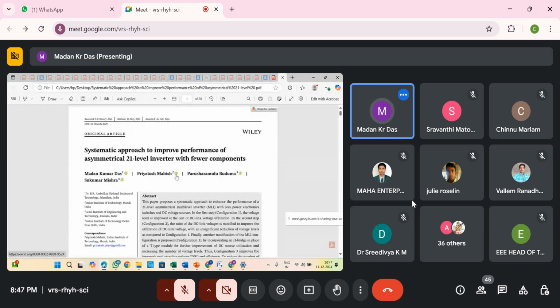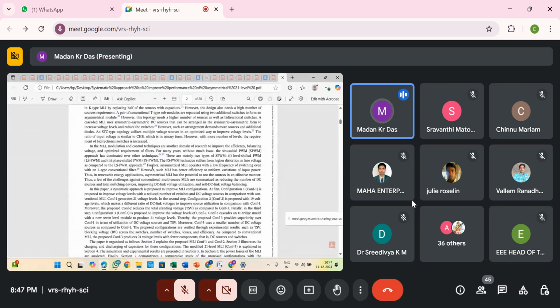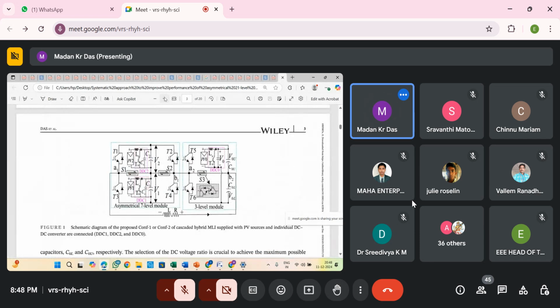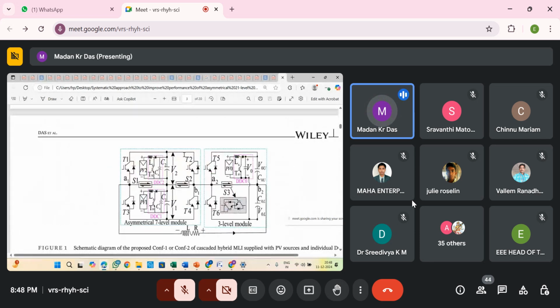This inverter was recently published in a journal. You can see the configuration here. It is the same inverter I have discussed. You can see the details of the proposed inverter. This earlier inverter we could publish in a conference, but this one we can publish in a journal for use with renewable energy sources.